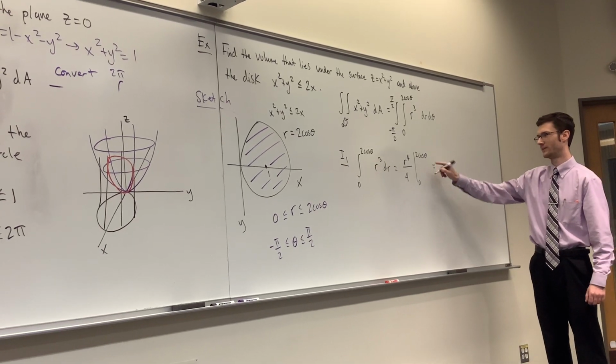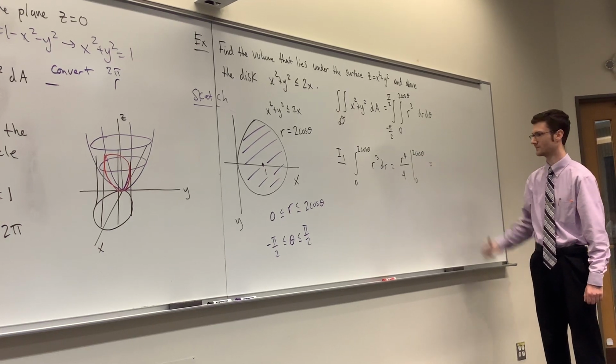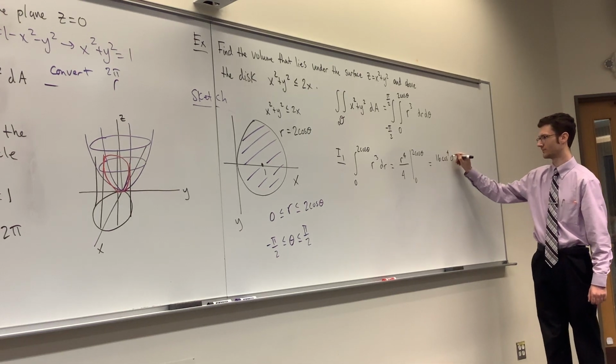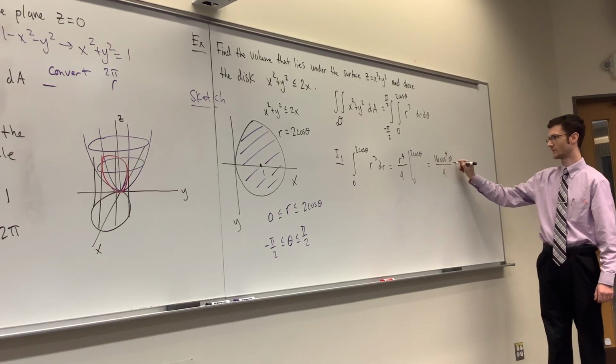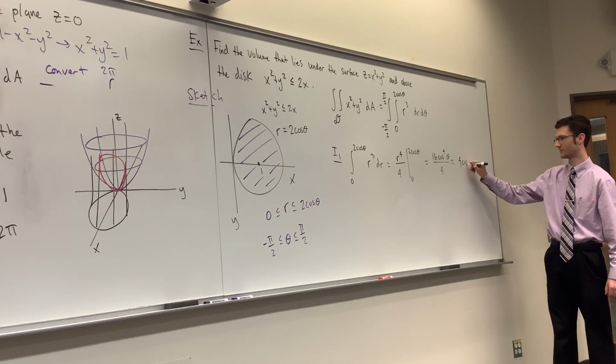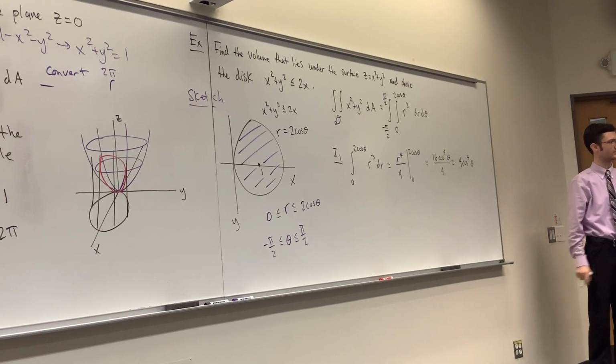We have to put this to the fourth power. What's 2 to the 4? 16. What's cosine to the 4? Cosine to the 4. What's 16 over 4? Yeah, 4. So the inner integral is fine.